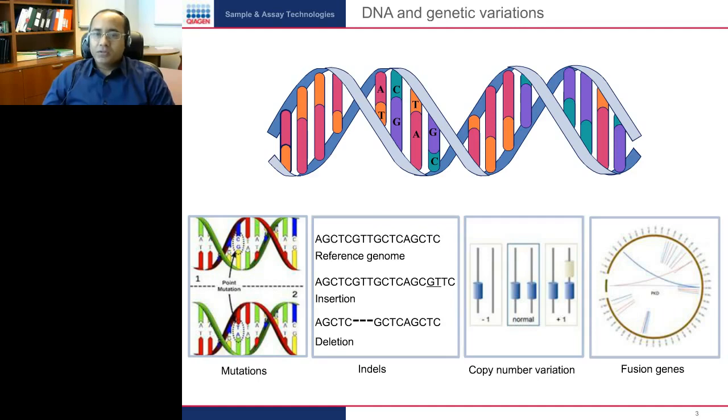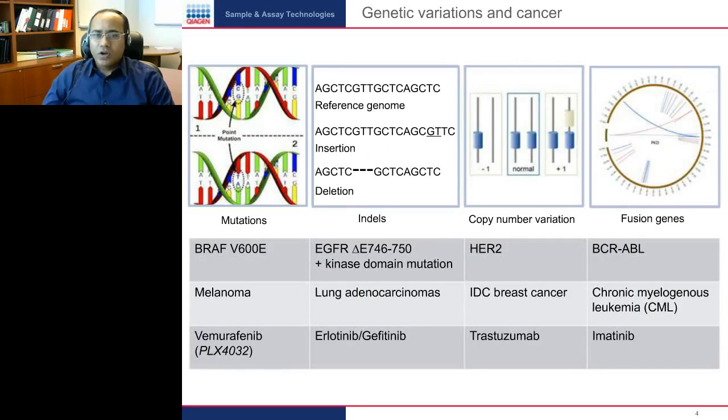It's very important to detect these mutations because changes in them may lead to genomic diseases such as cancer. There are quite a few interesting mutations or genetic variants already listed. A few of them I have listed over here, such as point mutation BRAF V600E. It's present in almost 60% of melanoma cases.